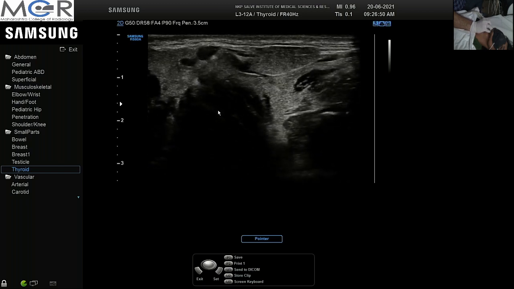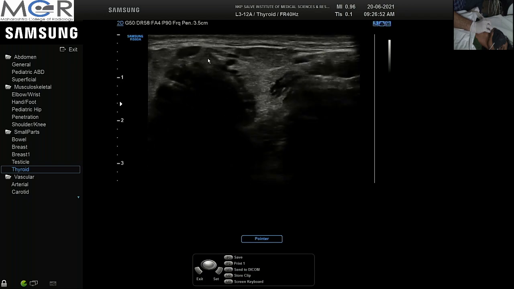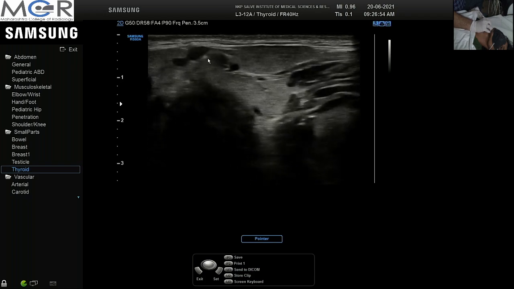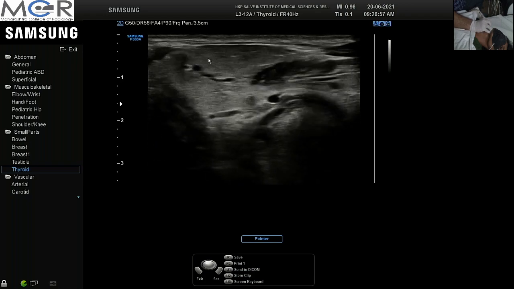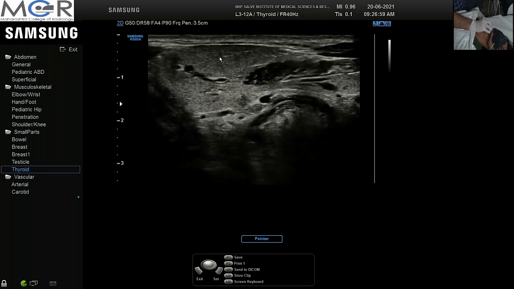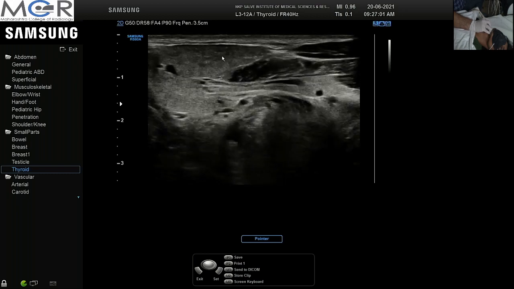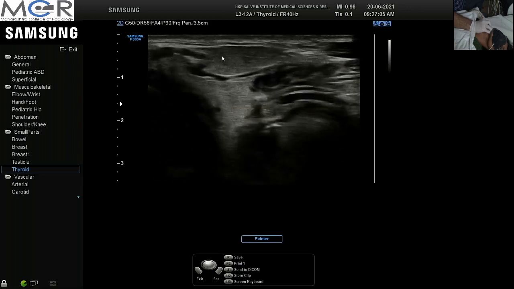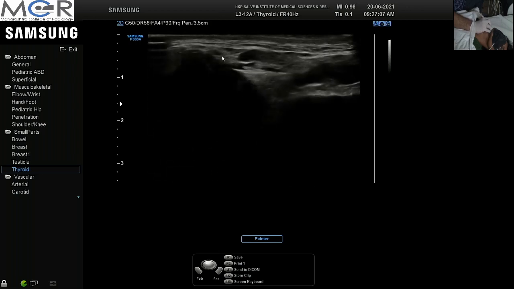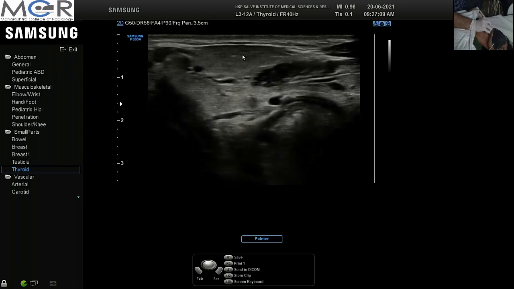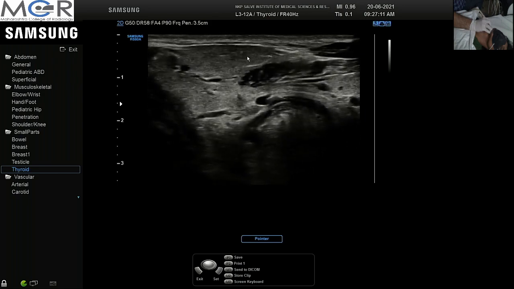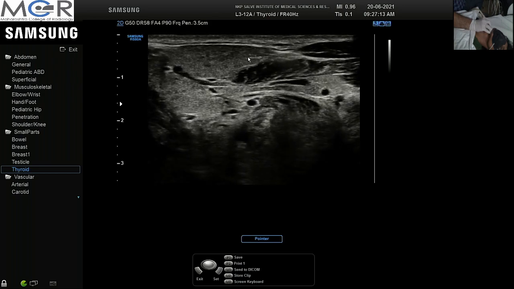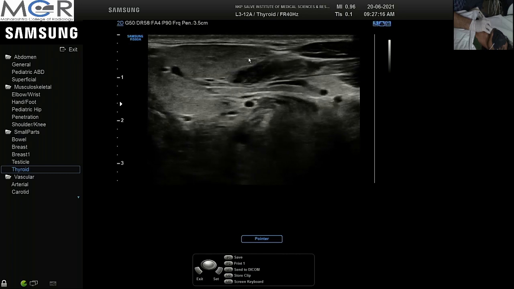There is always a lymph node in this area, and then we see that the submandibular gland basically has two lobes, a superficial lobe which is larger and which is traversed by the facial vein, and a smaller deep lobe which runs between the mylohyoid muscle and the hyoglossus muscle.